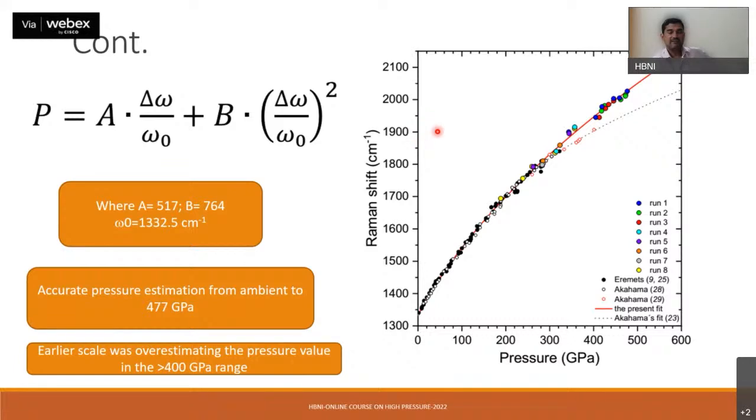You see here, if I take the 1900 centimeter inverse line, a horizontal line, it cuts the universal scale slightly before the scale from Akahama and Kawamura. That means the Akahama and Kawamura pressure scale was overestimating the pressure compared to what has been determined by Admets et al. So that's why they claim this pressure scale to be a very accurate and universal kind of pressure scale. So this is the story with the pressure determination and pressure scale calibration.